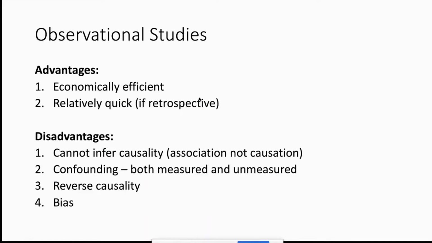There's also confounding, and this can be both measured and unmeasured. We can never fully capture all the infinite variables that could be confounding an observed association. And there could be reverse causality at play. There's also a lot of bias in observational studies that we need to be aware of.